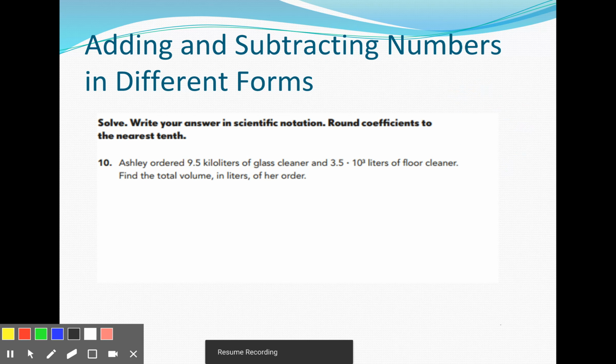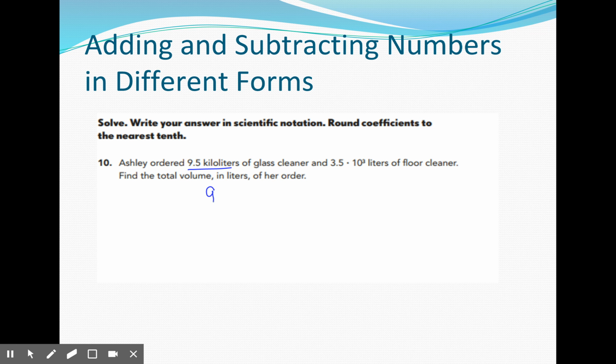So one last problem here in this section. So we want to find the total volume in liters of this order for glass cleaner. Ashley ordered 9.5 kiloliters, which I'm going to tell you is 9.5 times 10 to the fourth liters. Okay. And 3.5 times 10 to the third liters of floor cleaner.